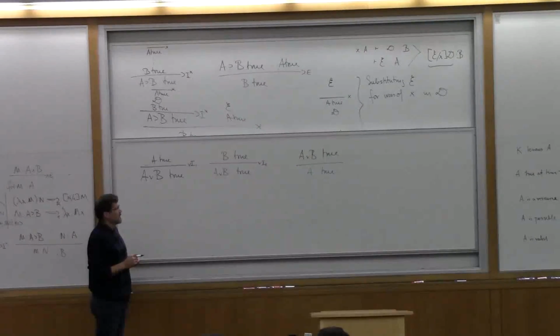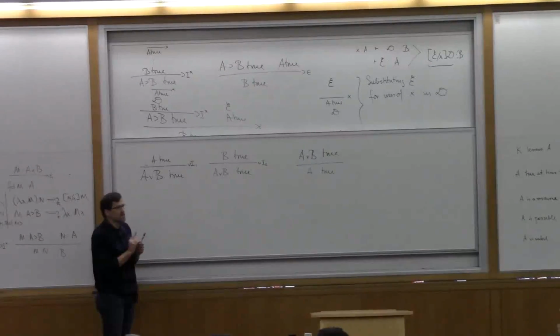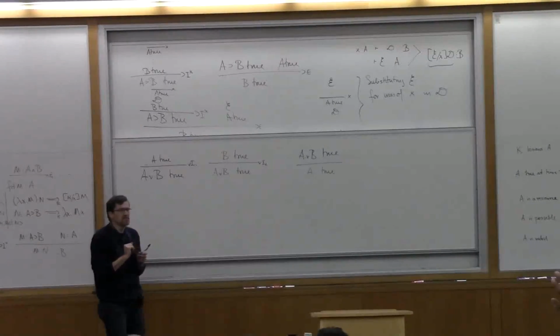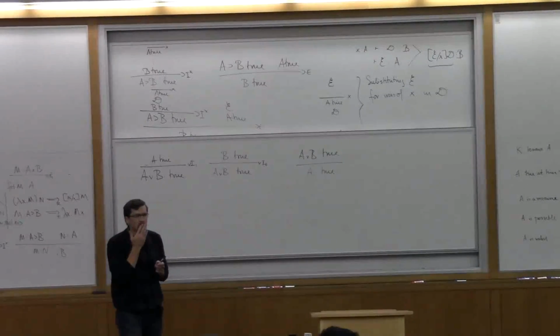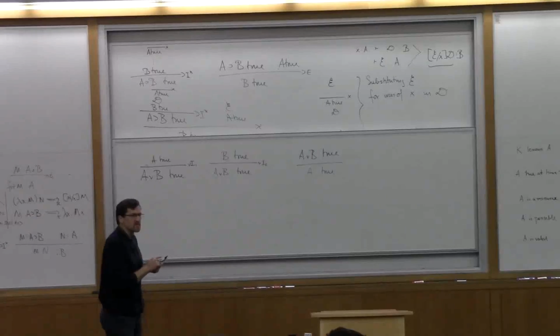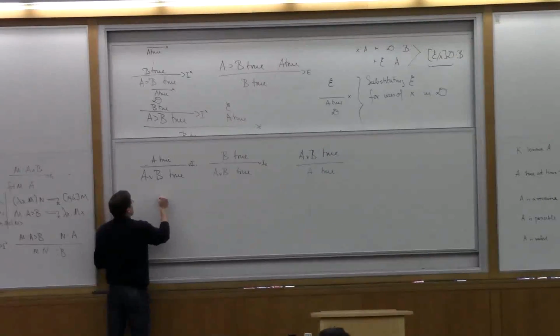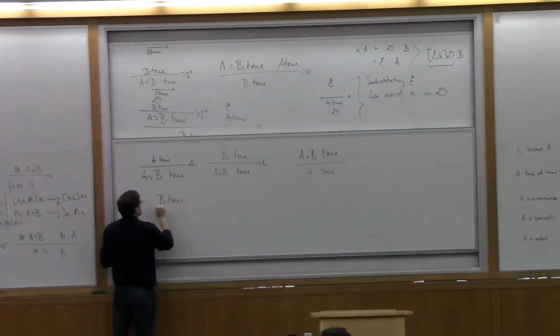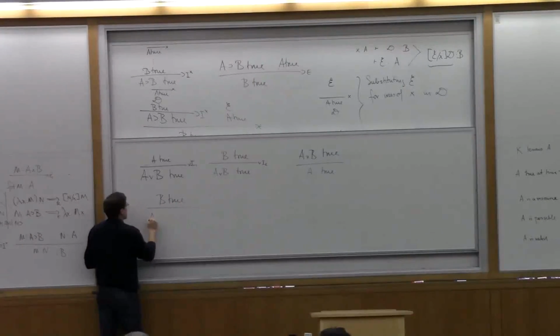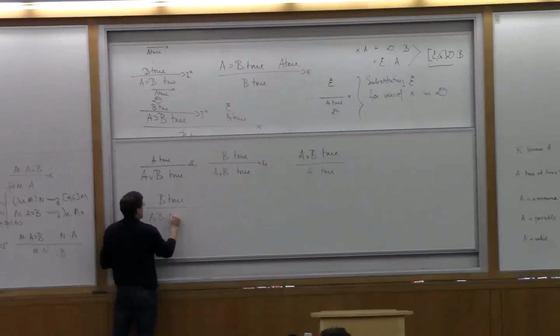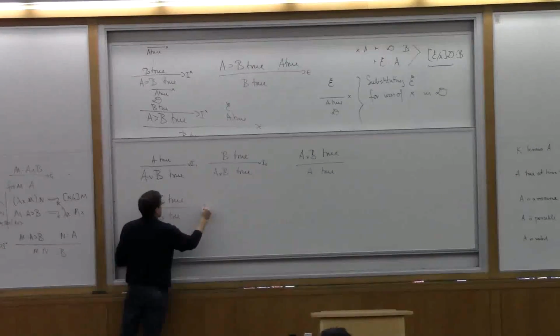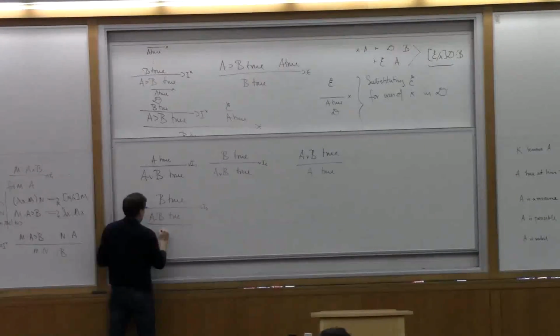I'm going to do it without using implication. You get new information. So you start from B true, you start from A true, and from that you deduce A or B true. And then you use this rule to get back B true.